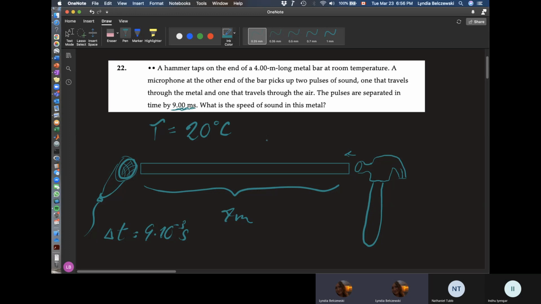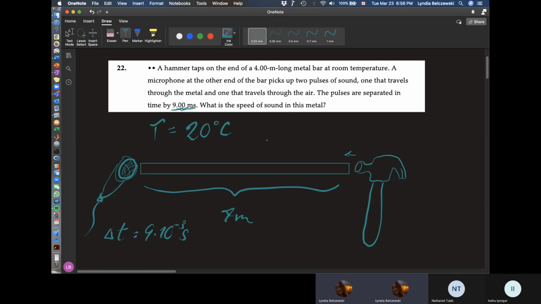Okay, so what we can start by doing is finding the speed of sound in air at this temperature. We have a formula for that. I'm going to have to flip through my textbook here to find it because I don't remember off the top of my head. Or actually, we don't have a formula. We just have a number, a constant. Even better.